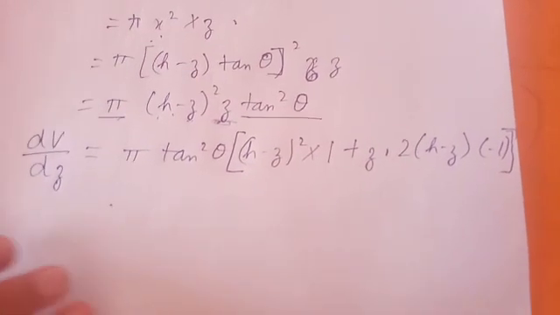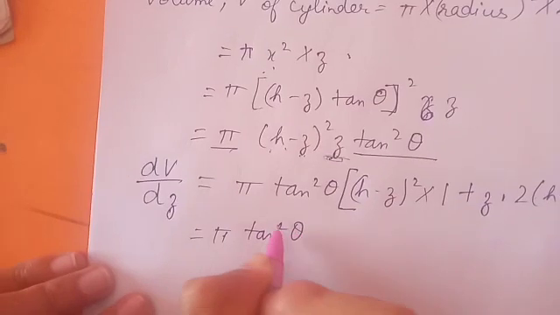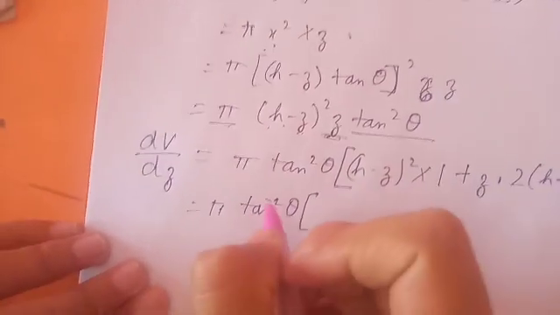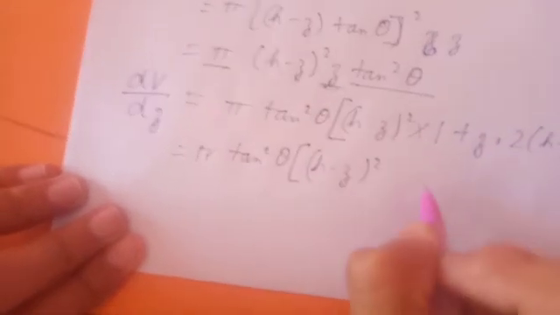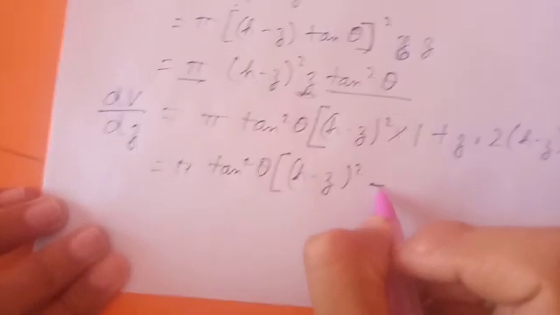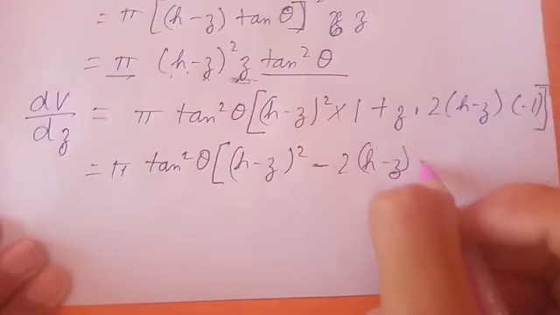Okay, so we get minus pi tangent square theta into (h minus z) whole squared minus 2(h minus z) into z.